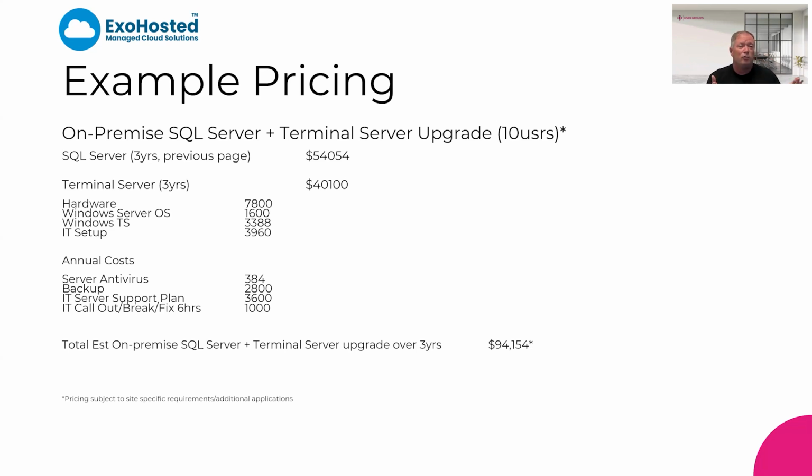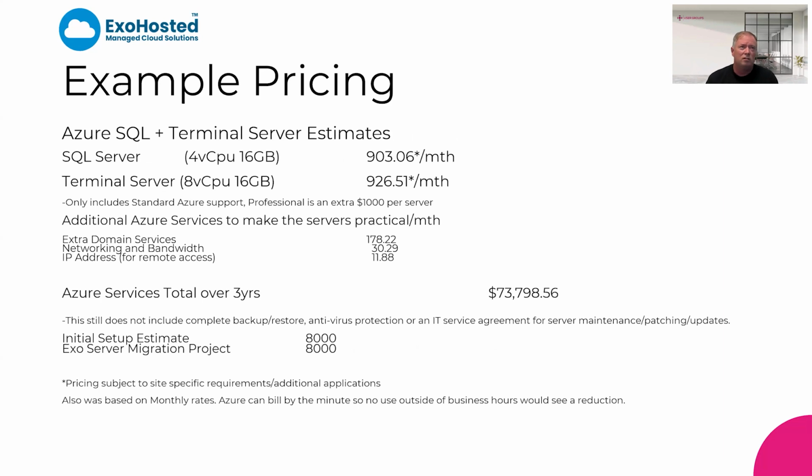And then as another example out there, obviously there's Microsoft 365, and the back end of that you would have probably heard about the term Azure. In Azure you can have your own servers, and there is a pricing calculator on the web that you can punch some numbers into, which is what I've used here, and that's what a terminal server and a SQL server come out on a monthly basis, with what Azure calls standard support.